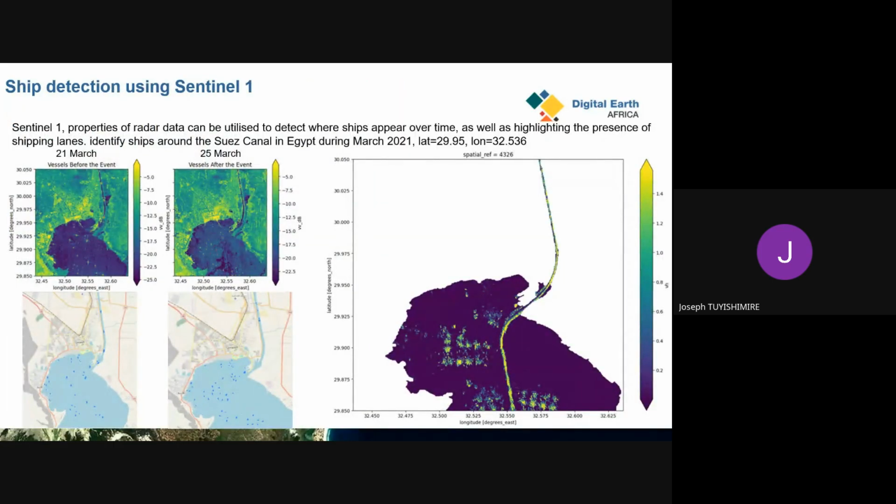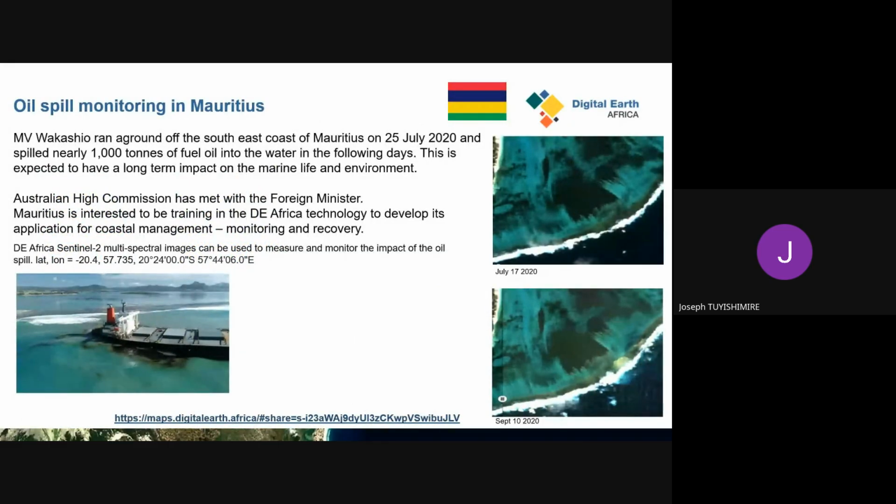How, or which, intervention or mitigation measures should be put in place. Also, there are some notebooks on ship mapping, where we are able to detect the presence of ships in the ocean, around the port, using Sentinel-1 data. This was validated. It's a good notebook available in the sandbox. Oil spill mapping is also possible.